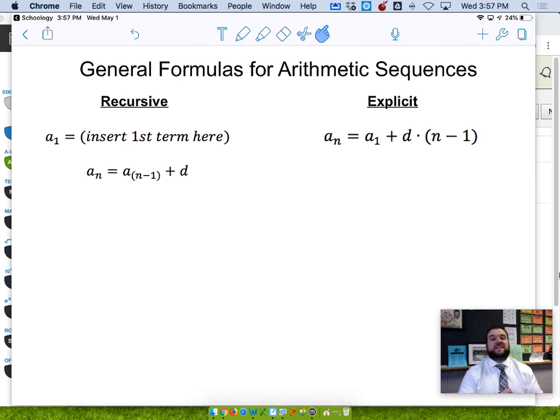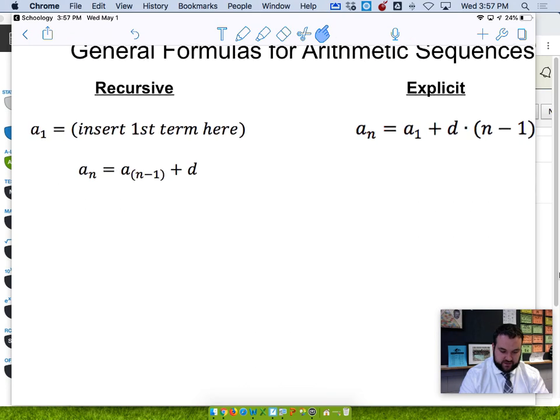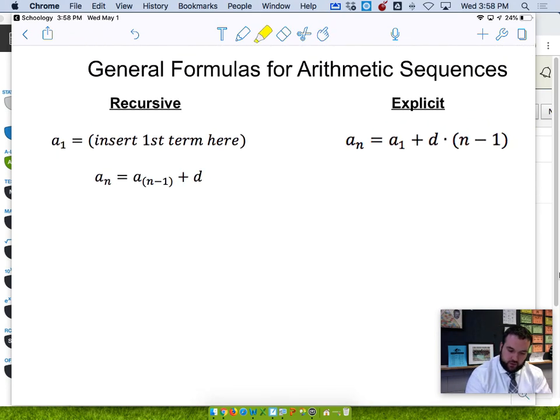In general, this is how every explicit and recursive formula will look if it's arithmetic, if you know the pattern is adding or subtracting the same every time. Recursive will be: insert the first term, so a sub 1 equals 10, a sub 1 equals 20, whatever. And then this will always be the same: a sub n equals a sub n minus 1, and then you just add whatever the common difference is, plus 5, minus 3.